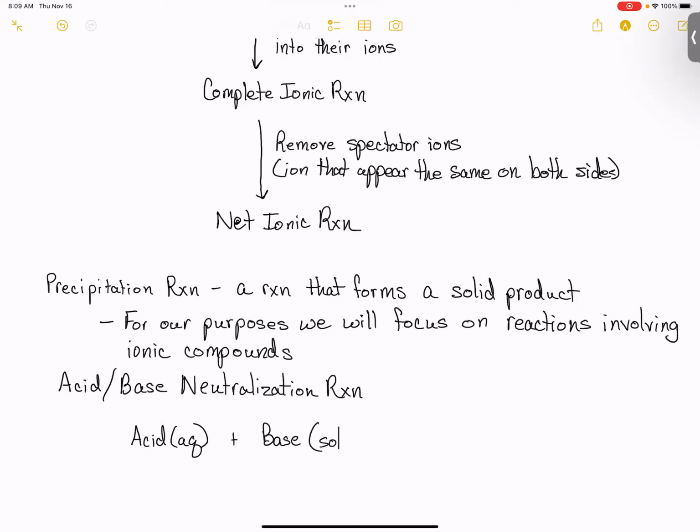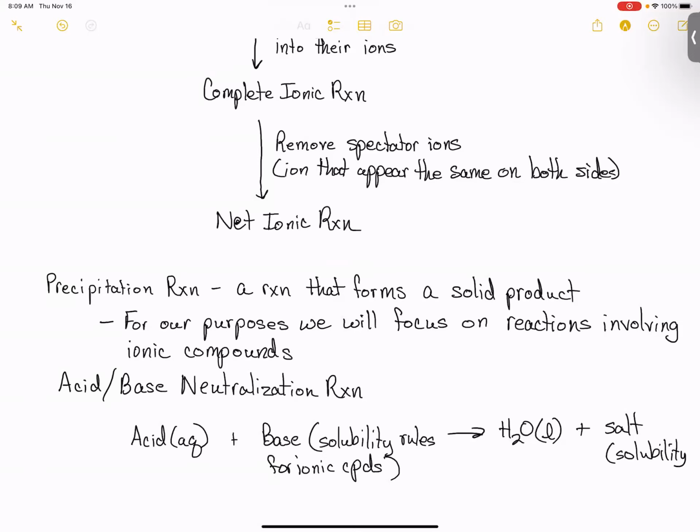But you're going to have to look at your solubility rules for ionic compounds. And that is going to form water in liquid form, and a salt, which again you'll look at your solubility rules to discern.